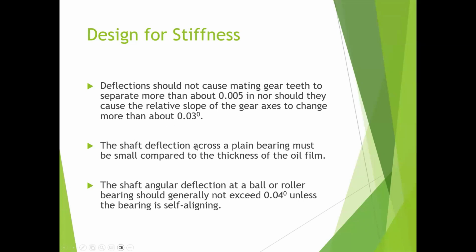The shaft deflection across the plane of the bearing must be small compared to the thickness of the oil film. Usually the shaft is supported by this bearing system and that bearing system, right?